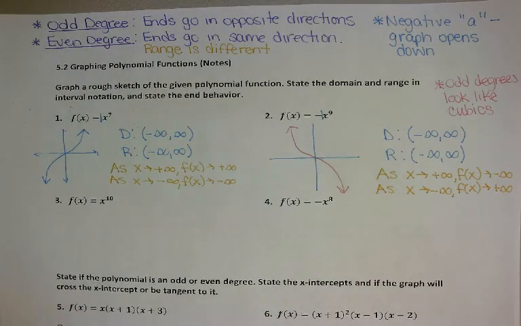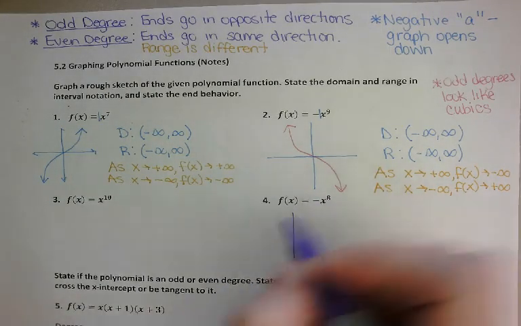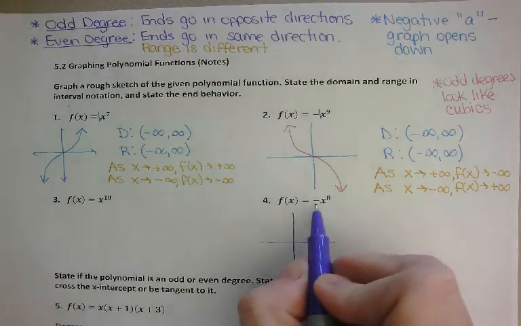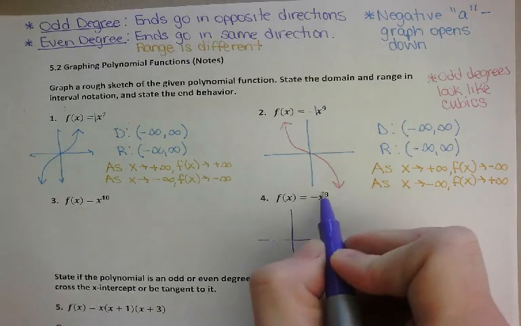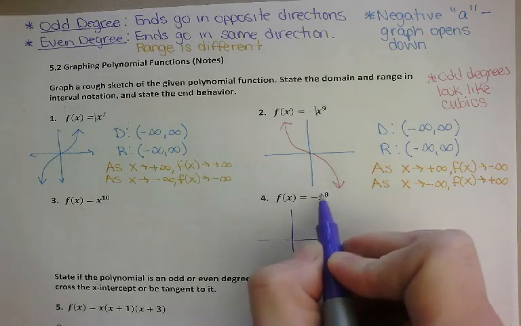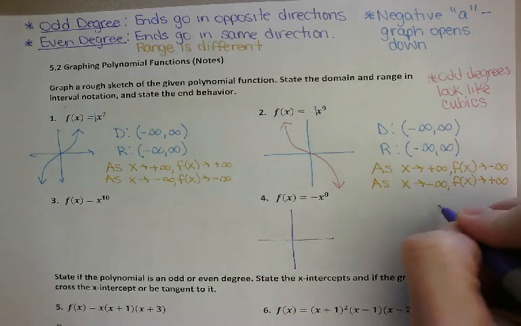All right, let me skip example 3 and let's look at example 4. Negative tells me the graph is opening down. Even degree tells me that it is going to be in the same direction. So even degrees look like quadratics.